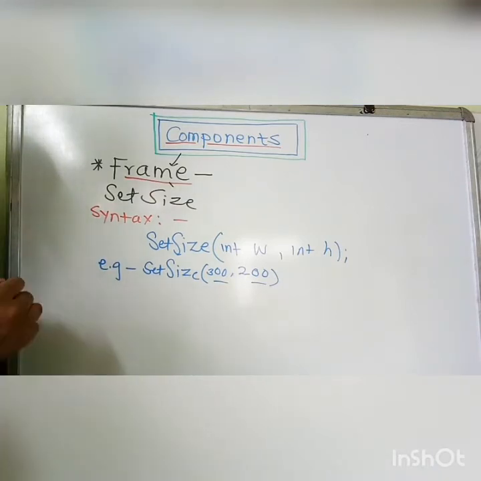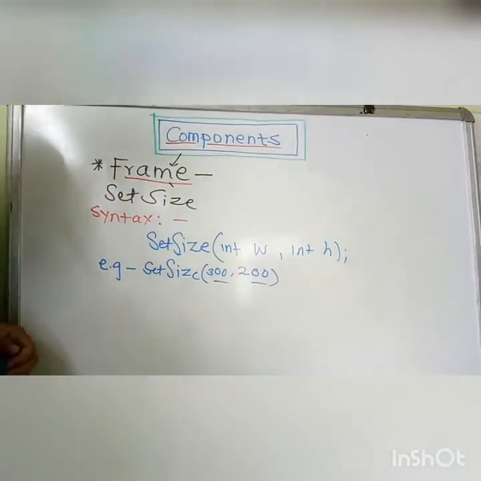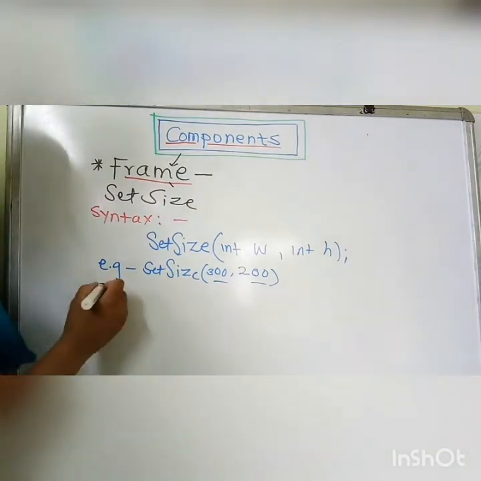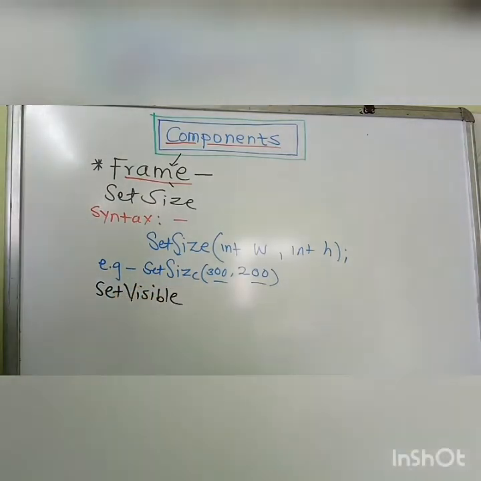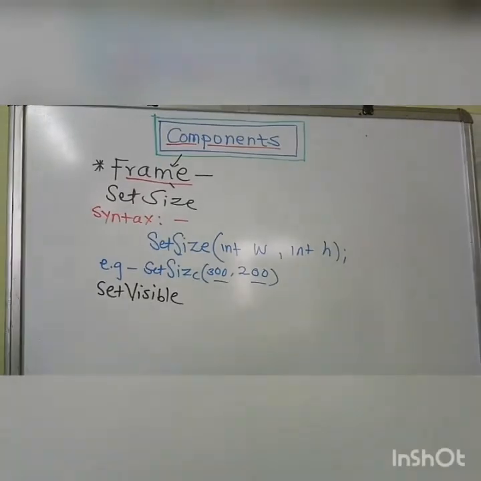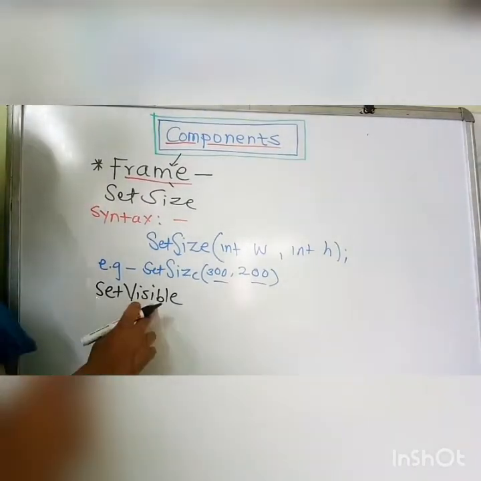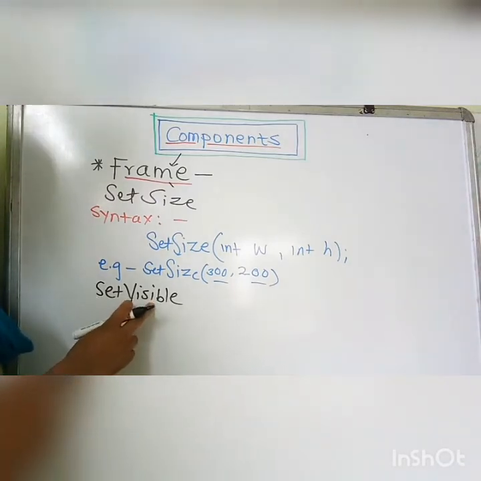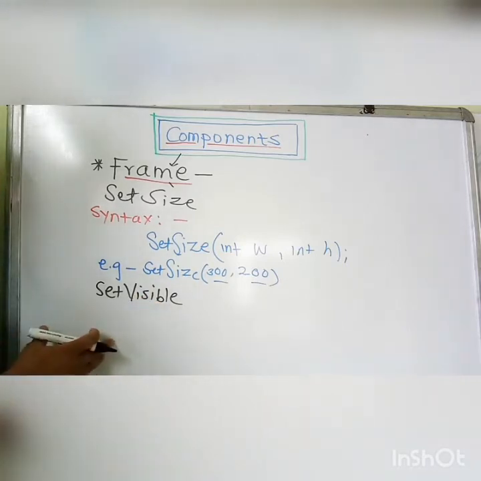Next, along with the frame mechanism, we have to use another important part, that is the visibility part. There is another method, that is the setVisible method. This method says that when we call setVisible with true, your frame will be displayed. But if you do not apply this method, then your frame will never be displayed.